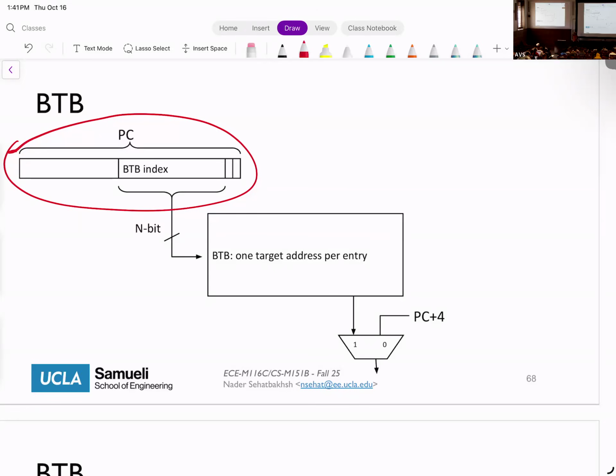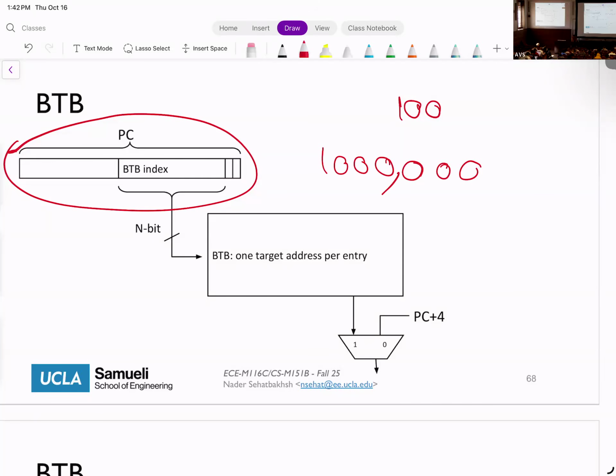If I'm looking at 100, then I want to be able to distinguish between 100 and 104. But I don't care much about 100 and 1 million, because these are likely not going to be close to each other, okay? So with the higher bits there might be overlap, but with the lower bits I'll make sure that there is no overlap.